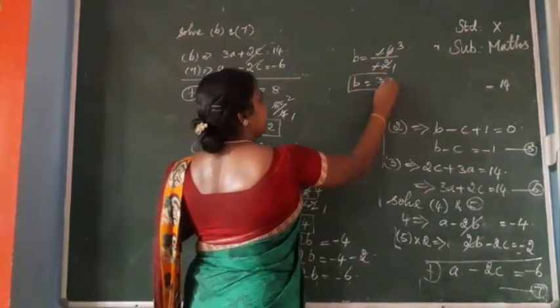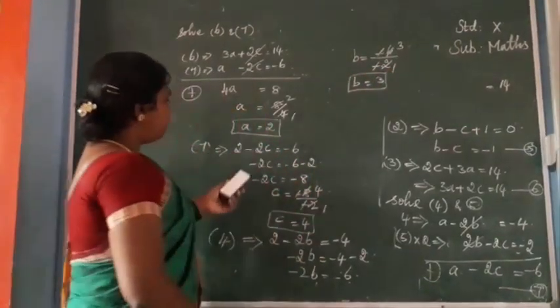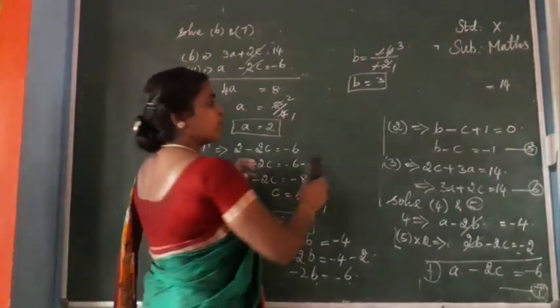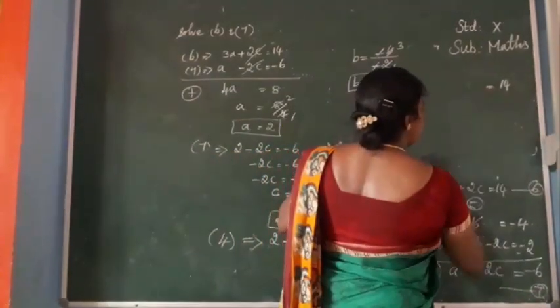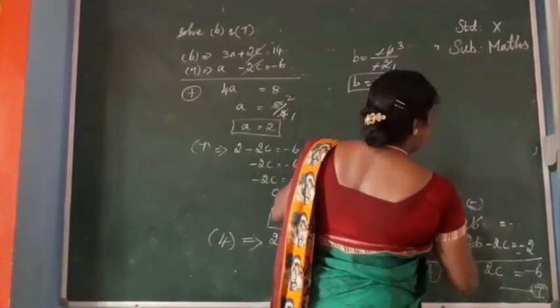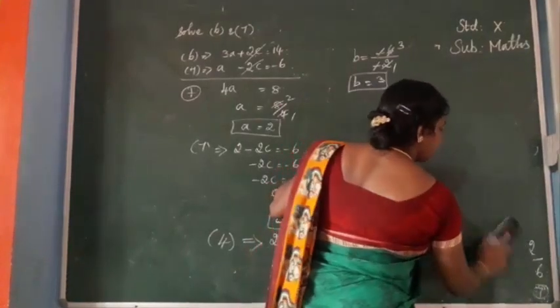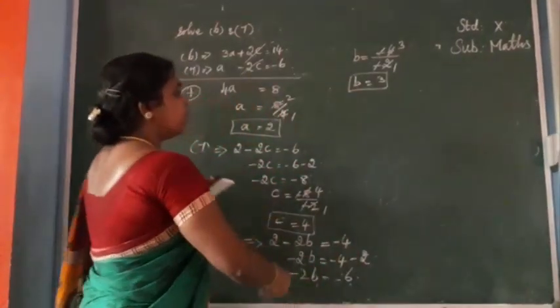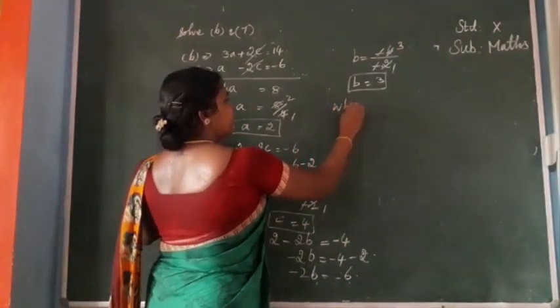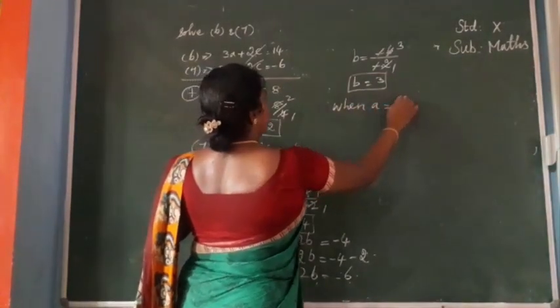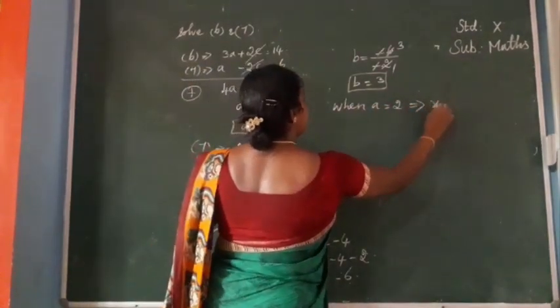Now we got 3 values: A value, B value and C value. Actually we need x, y, z only, because in our given equation the variables are x, y, z. So when A equal to 2, we want to find the x value.